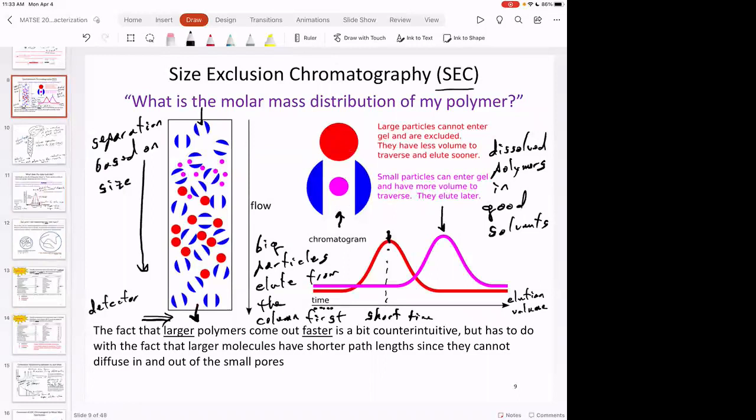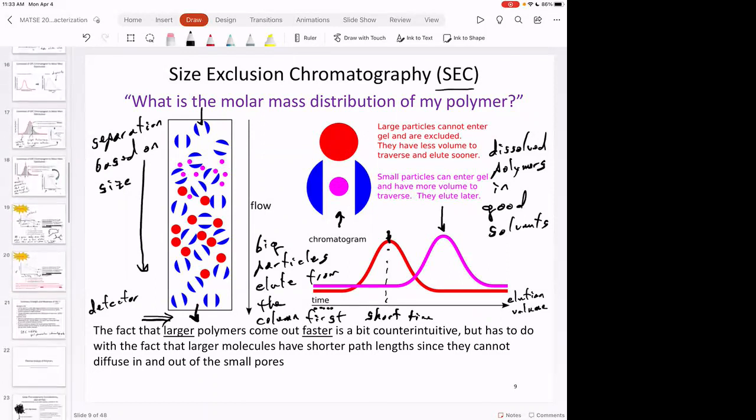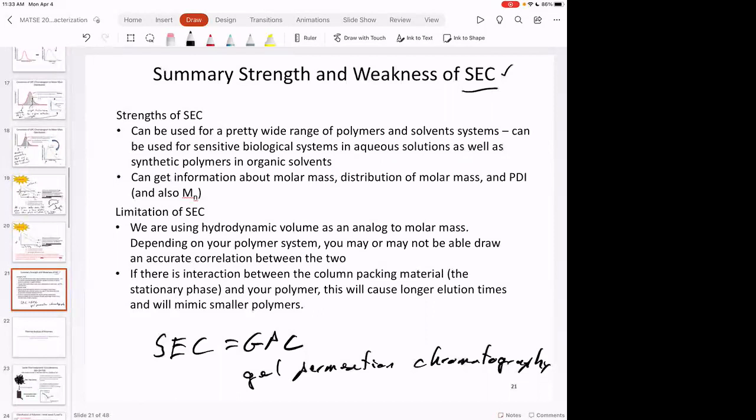And they call it gel permeation chromatography because the column is usually some cross-linked gel. It could be silica that's cross-linked in there. Sometimes it's polystyrene, like a polystyrene mesh that's cross-linked. And so it's a gel that's sitting inside this column. And so you see GPC, but they're exactly the same technique.